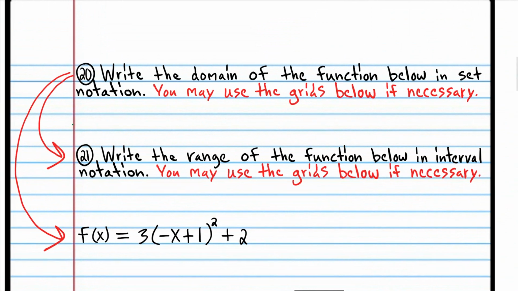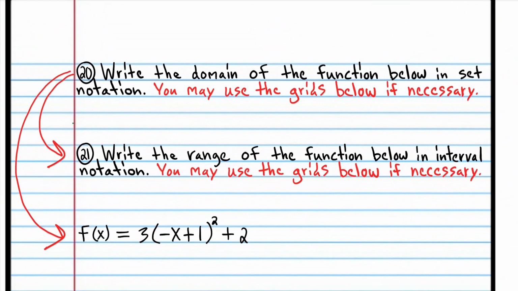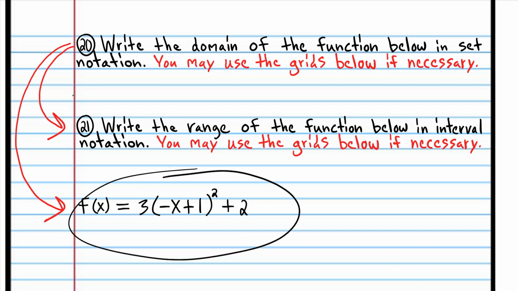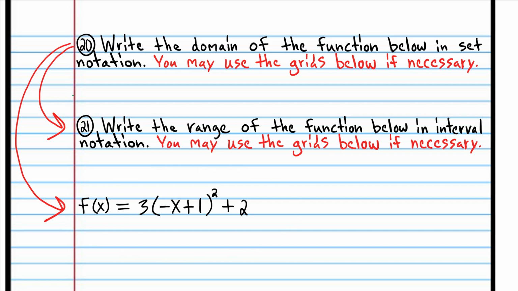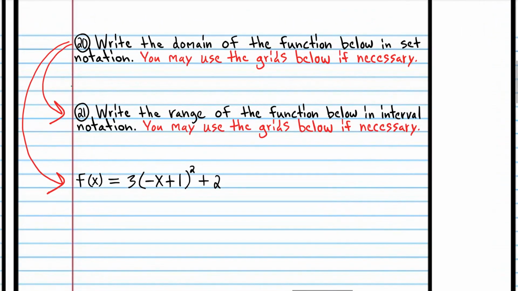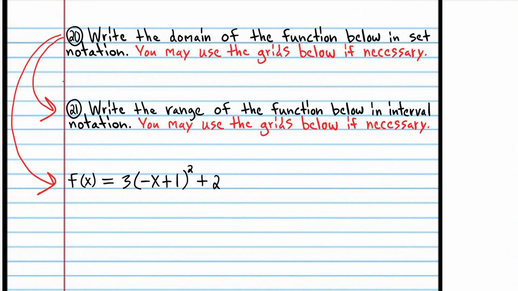Okay, we're back. Write the domain of the function in set notation. So we need to write the domain of that function, but the domain is going to be pretty easy. You don't really need to graph this function in order to see the domain. We don't have any square roots.